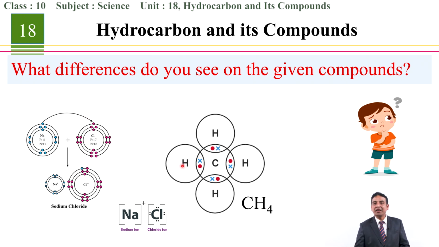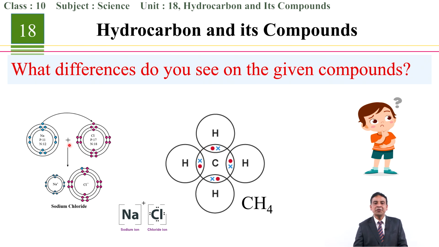As well as in the second compound, we can see the electrons present at the valence shell of hydrogen as well as the valence shell of carbon have been shared. As you have seen in the compound, the red spots indicate the electrons present in the valence shell of carbon, and the cross blue line indicates the electron present in the hydrogen atom.